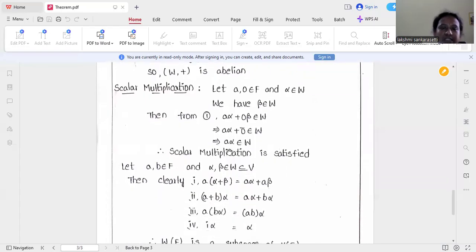In the vector space definition, the second stage is scalar multiplication. W is closed under scalar multiplication is the condition we now have to prove.